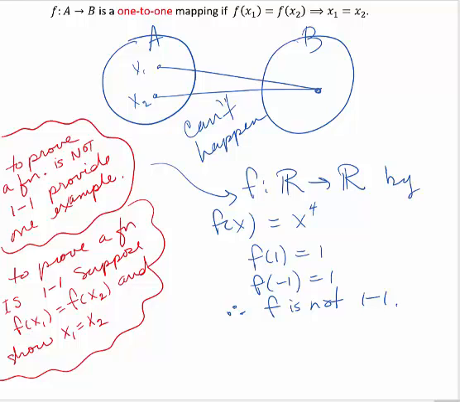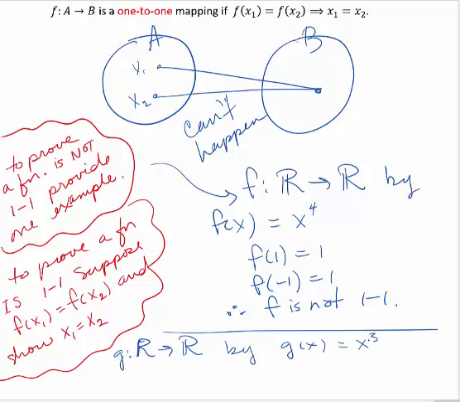Now, to prove that a function is one-to-one is a little more difficult. You have to suppose that f of x1 is equal to f of x2. That's always the first statement. And then you have to show by properties of the function that x1 must be equal to x2. Give you an example of that. If g maps the real numbers to the real numbers by g of x is equal to x cubed, then you know that is a one-to-one function.